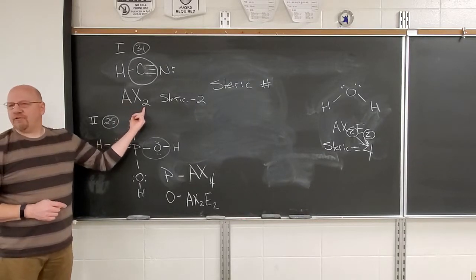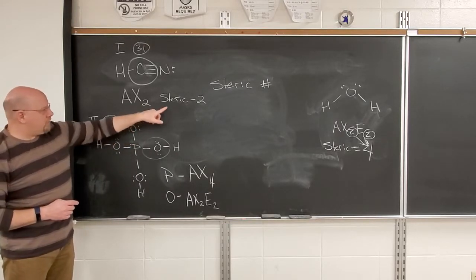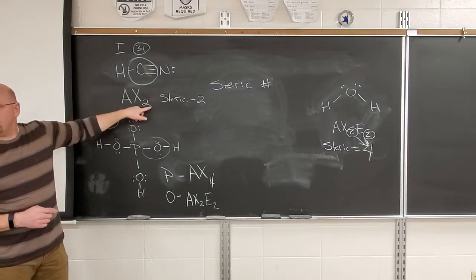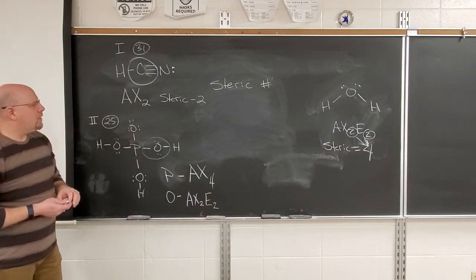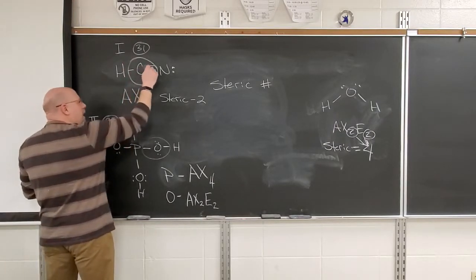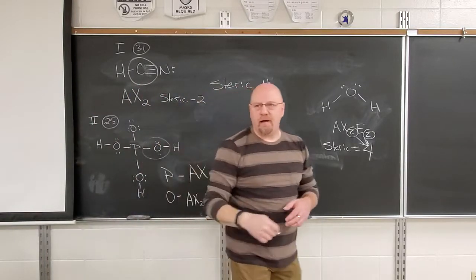Because all we have is the 2, right? We don't have any lone pairs, so the steric number literally is just the sum of the subscripts that you would write here. Or you could look at it as how many atoms you have attached plus how many lone pairs of electrons you have.